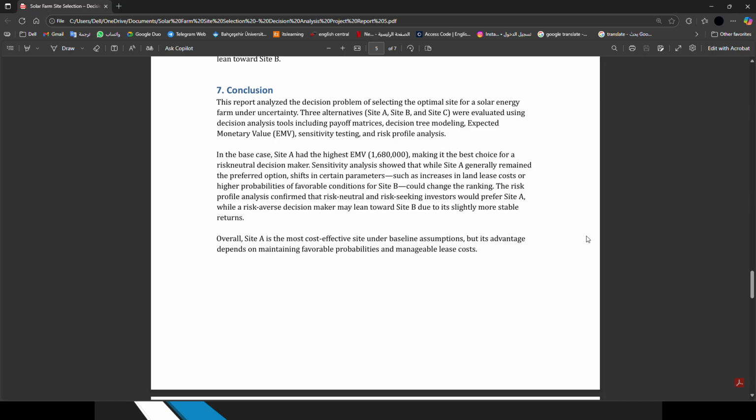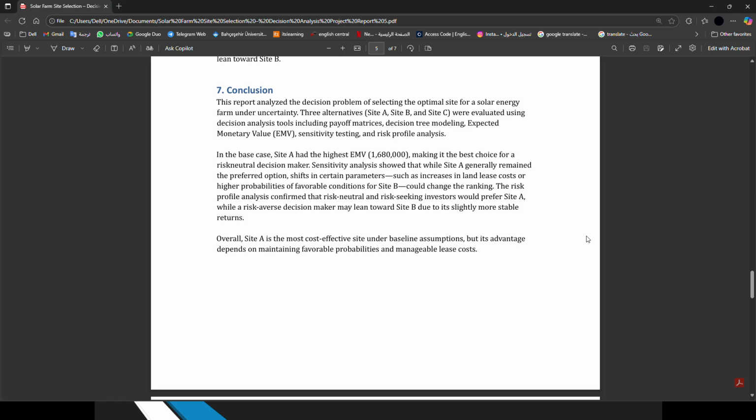Three alternatives are there: site A, site B, site C, as you have seen, which we evaluated using decision analysis tools. In the base case, site A had the highest EMV, making it the best choice as risk neutral decision makers would choose.